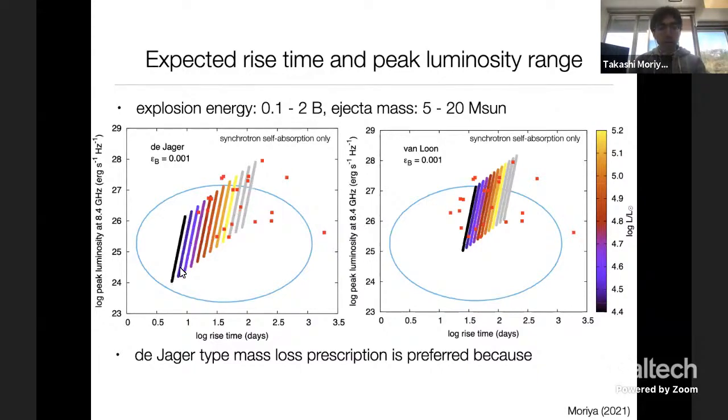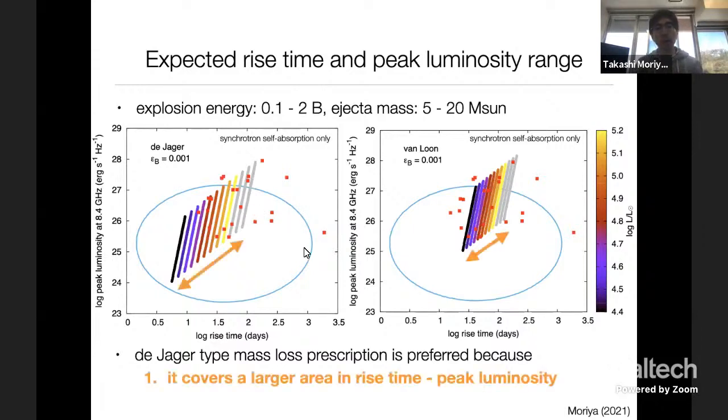As I introduced before, each line shows one mass loss rate, which is a function of luminosity. This colored region is the red supergiant supernova progenitor luminosity range, and the gray is uncertain. This is what we get from these two mass loss prescriptions, and we can see that the de Jager type mass loss prescription better explains this radio peak luminosity and rise time relation for several reasons.